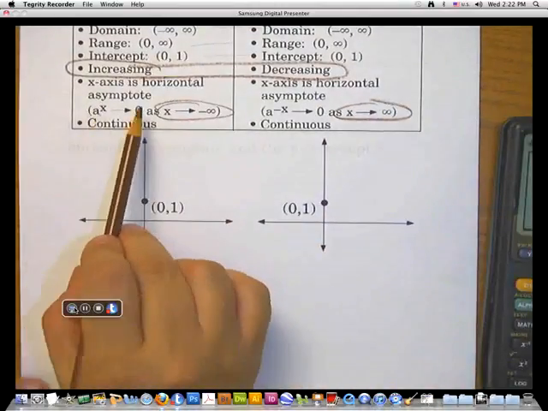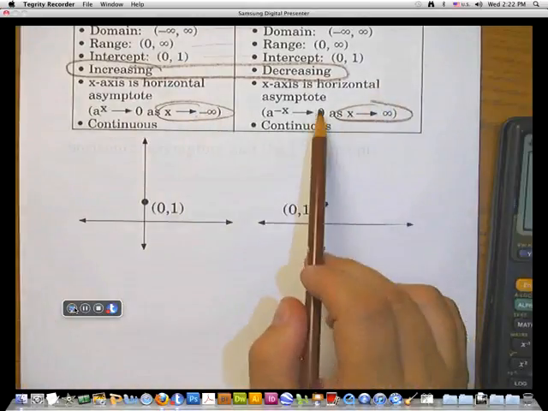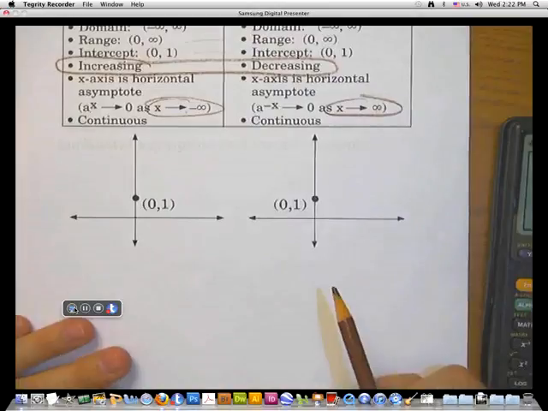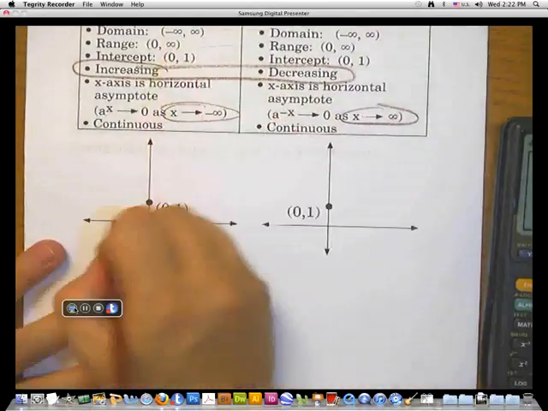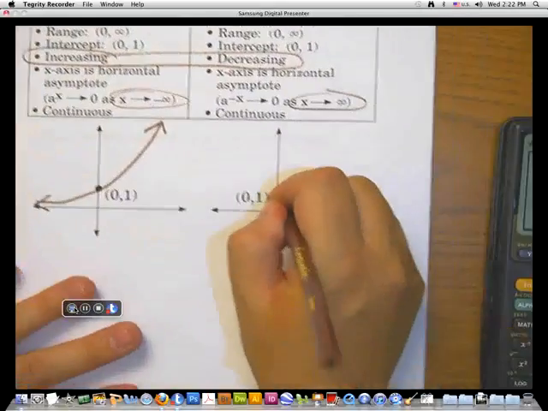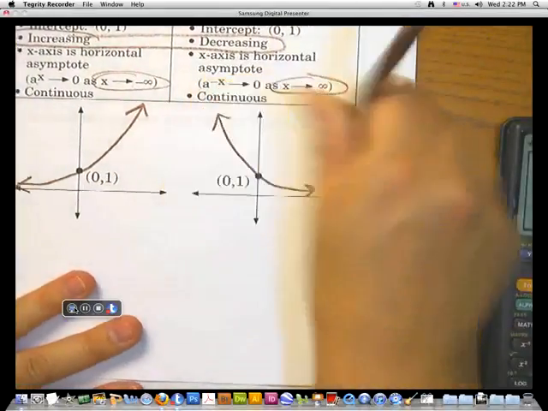As the values get closer to 0, the x values get into infinity. As it approaches from the negative, it approaches the positive. So on this one where x is positive, it increases. Where it is negative x, it decreases.